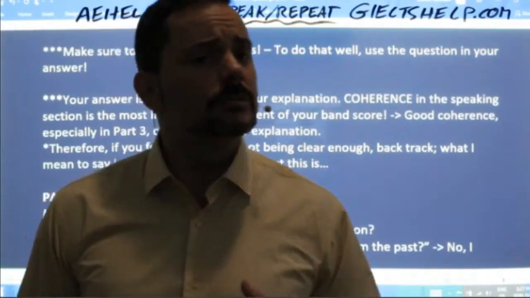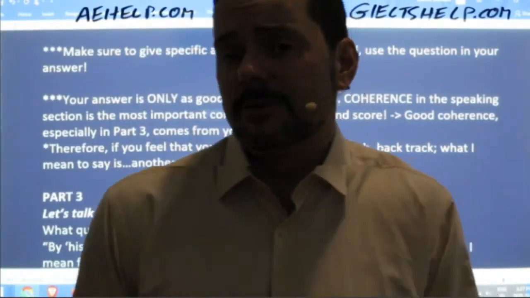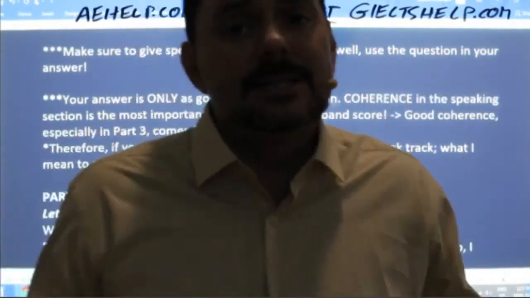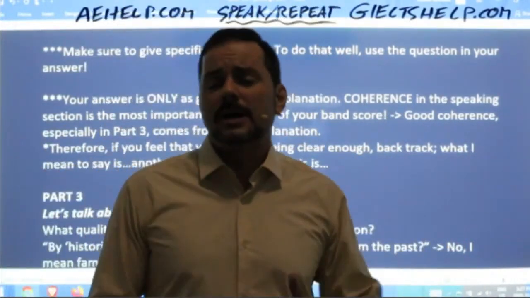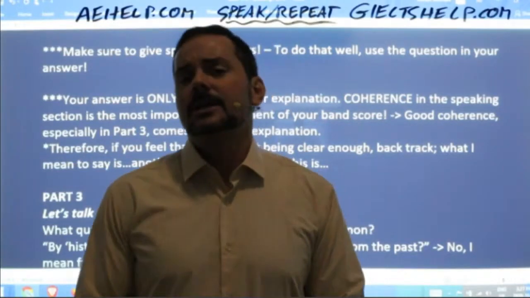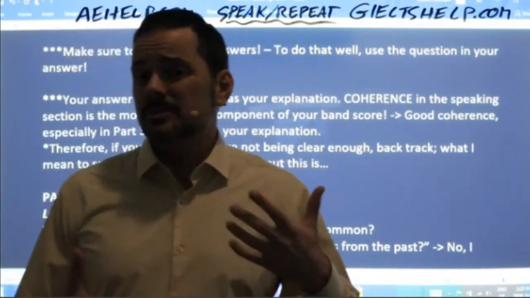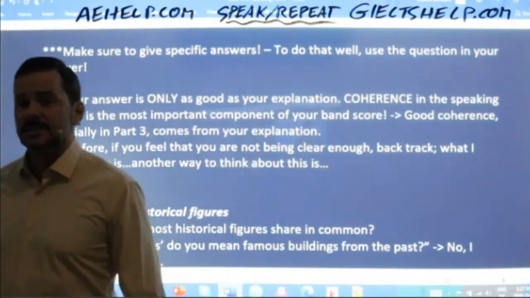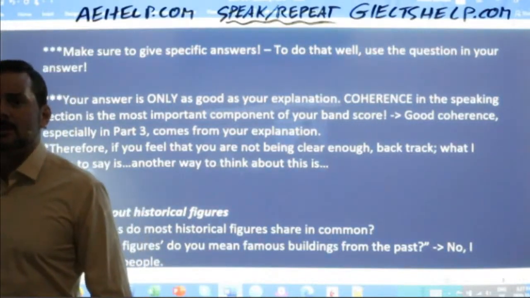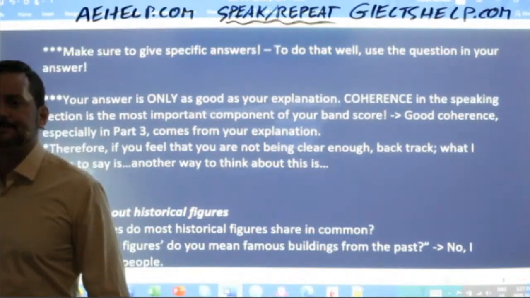So don't get carried away, because then the examiner will just think, okay, they're not making sense. I'm just going to go to the next question. But if you backtrack once or twice to try to add some clarity to your explanations, that's absolutely okay. And in fact, it's a good idea if you feel like you're not making enough sense. Okay? Hopefully that's clear. All right?